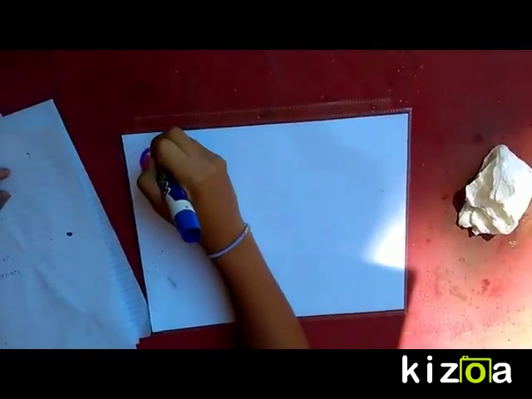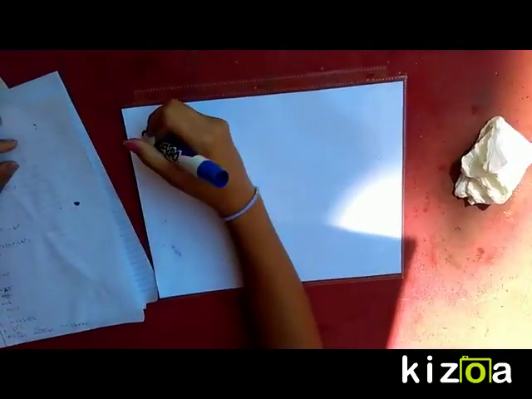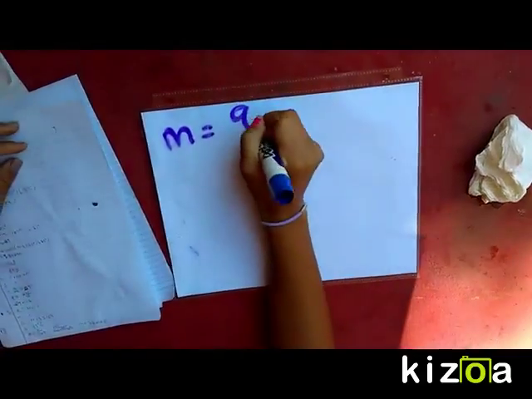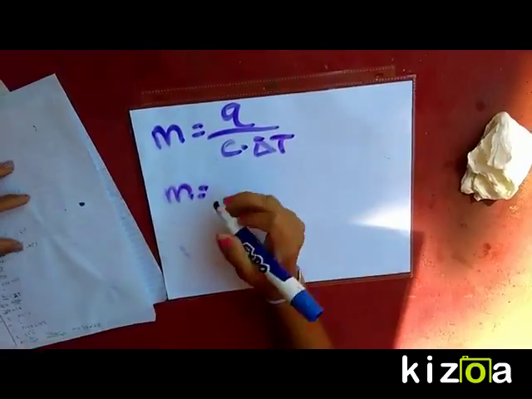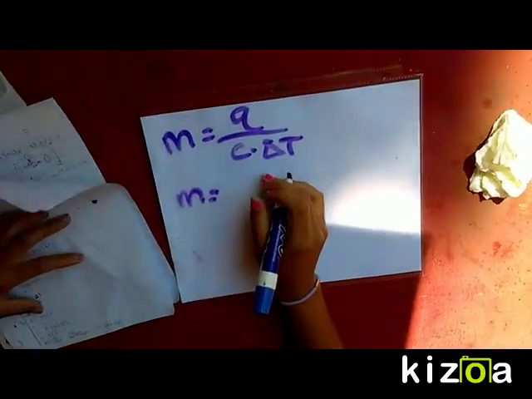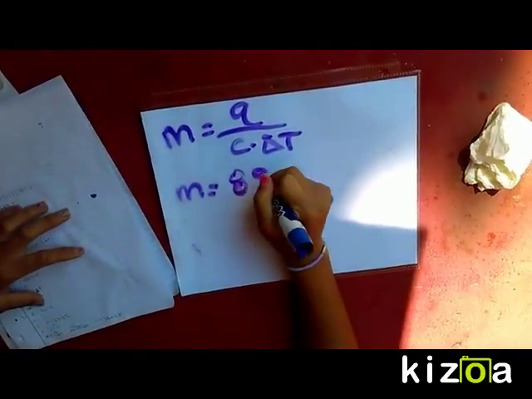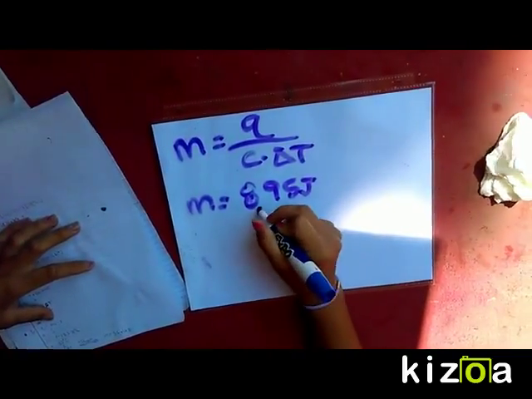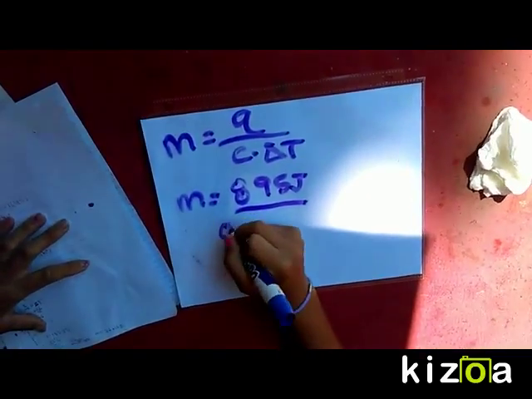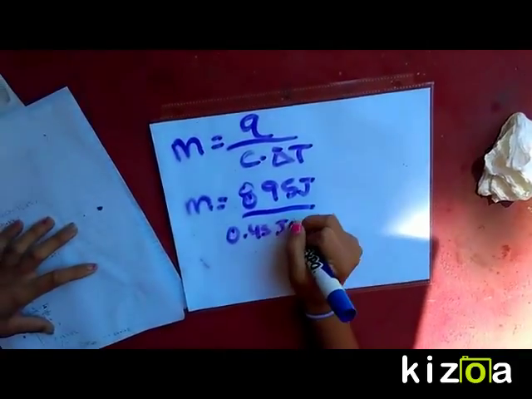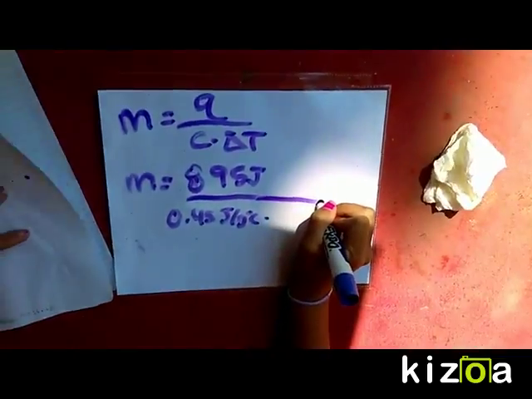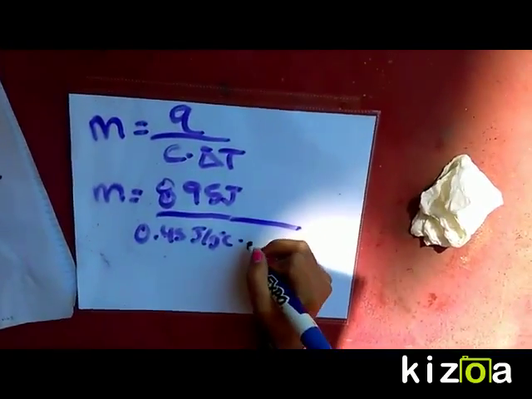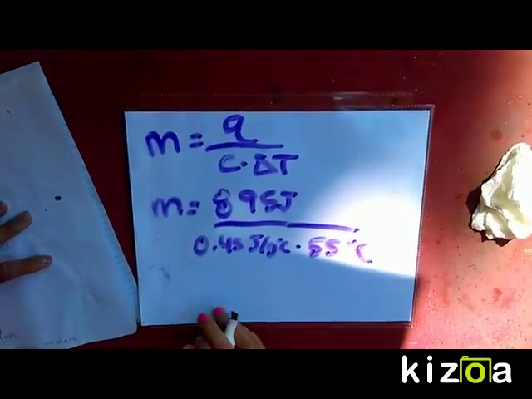Previously, we're just going to have to plug our numbers into our equation, which is M equals Q over C times triangle T. So M would equal 895 joules over 0.45 times 55 degrees Celsius.